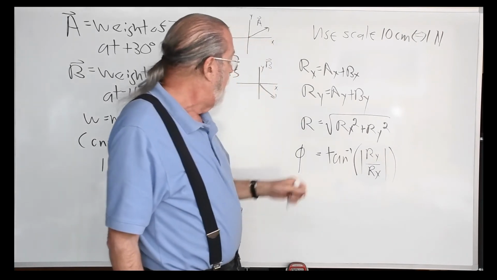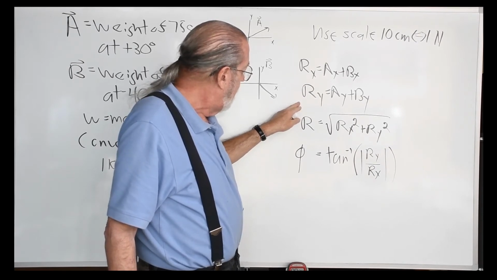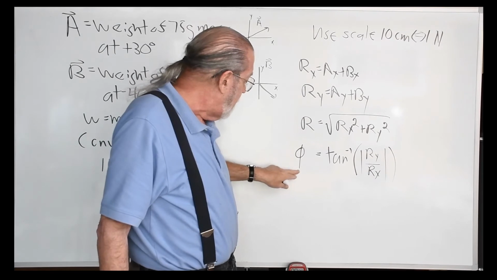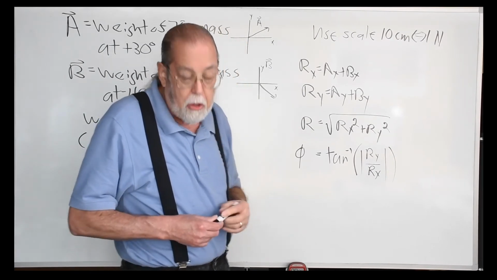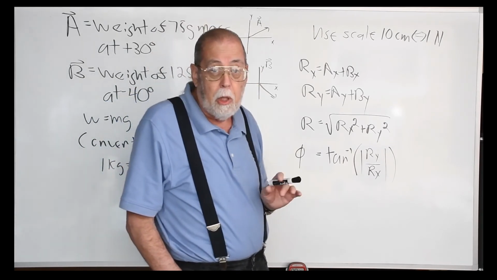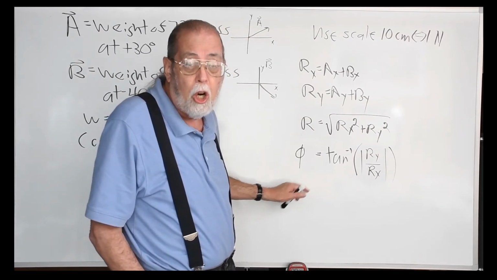And then, based on the signs of Rx and Ry, I ask you, is this angle above or below the plus x axis? Is it above or below the plus x axis? Explain your answer.